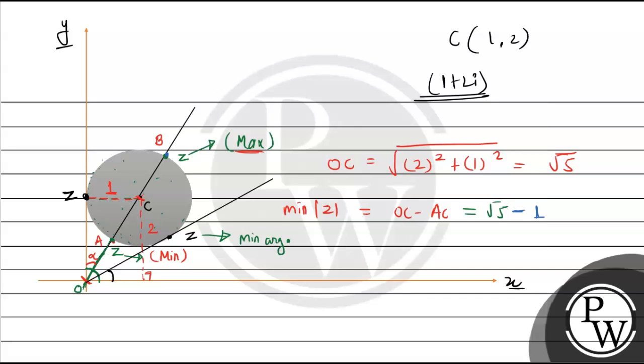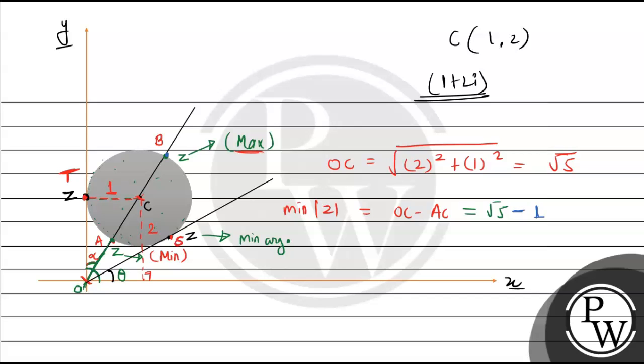So we have to find this theta, that tan theta will be the minimum argument. Okay, so how can we find it? Let's see. We have already assumed this one as alpha. Now you can see that if I take, let's say, this point is t and this point is s.